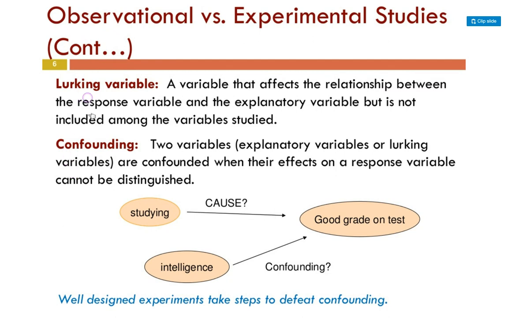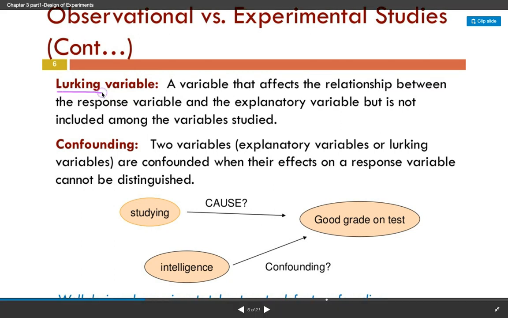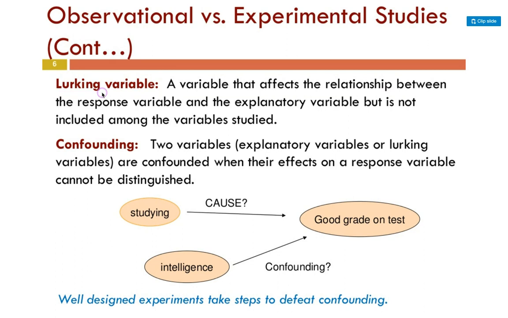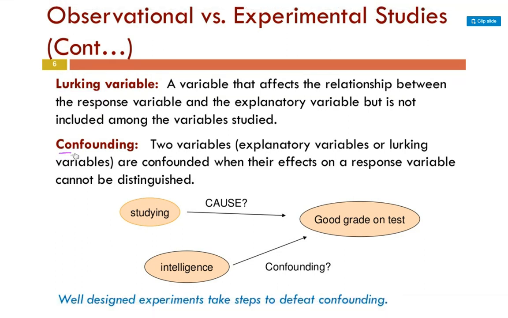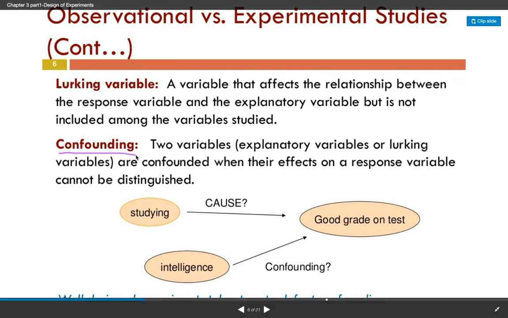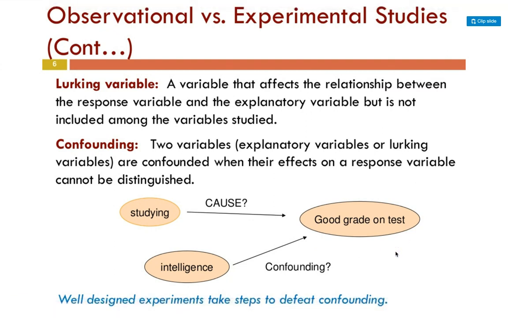So they kind of go hand in hand, because in an experiment, you can have lurking variables, but you're trying to reduce lurking variables so that you don't have something like a lurking variable confounding your results and causing confounding, where you're trying to isolate one thing, but you end up with two or three things affecting your results. You don't want that. You want one thing changing and everything else the same.